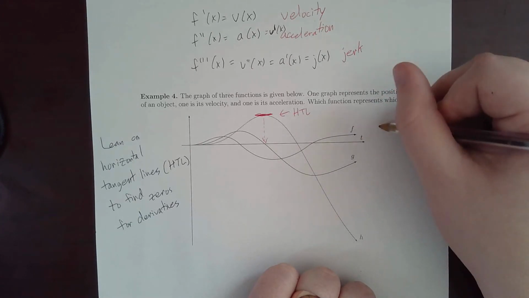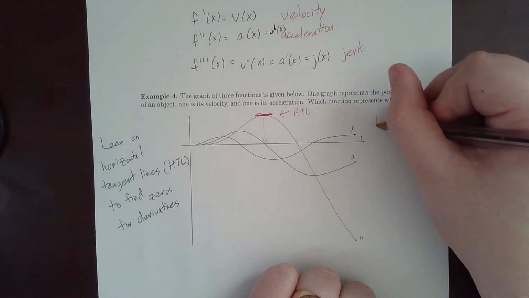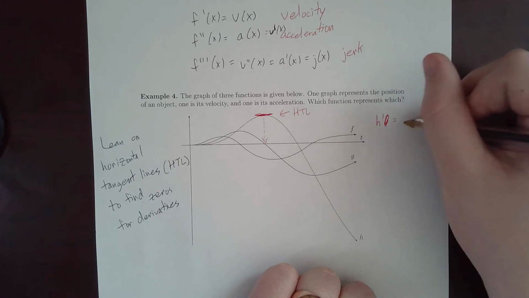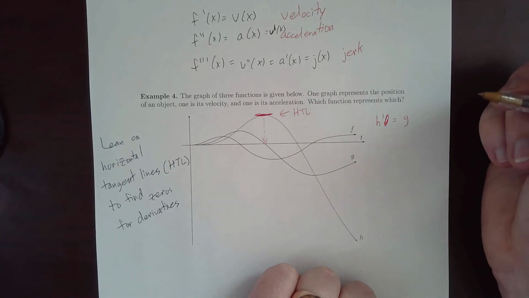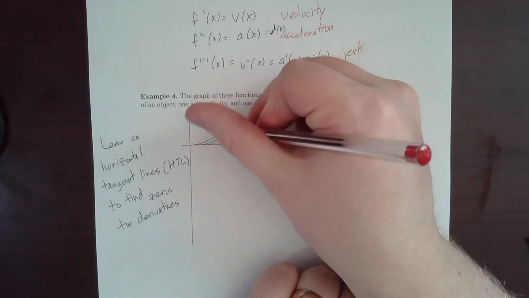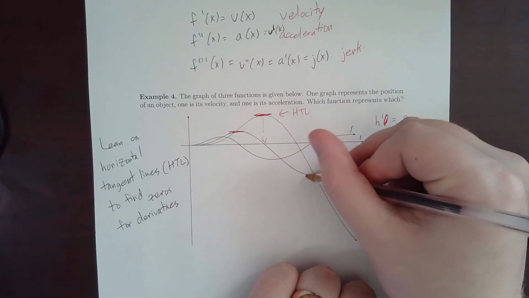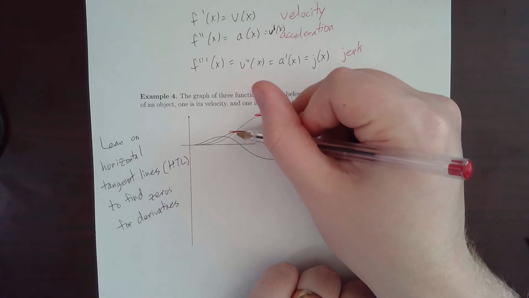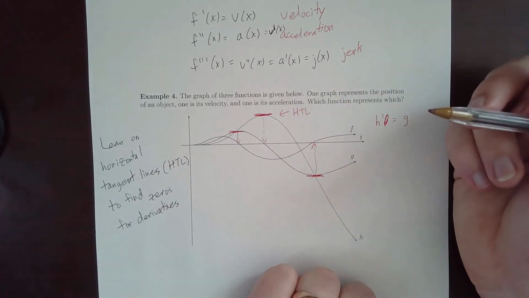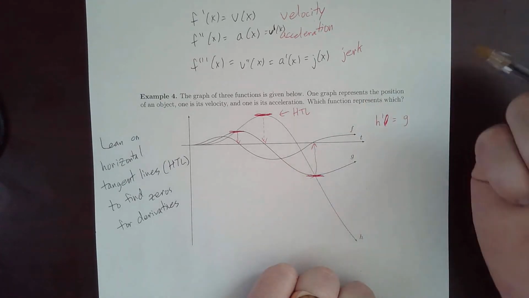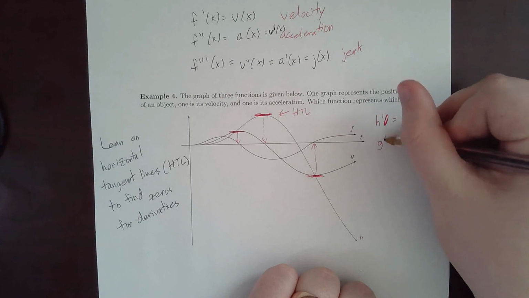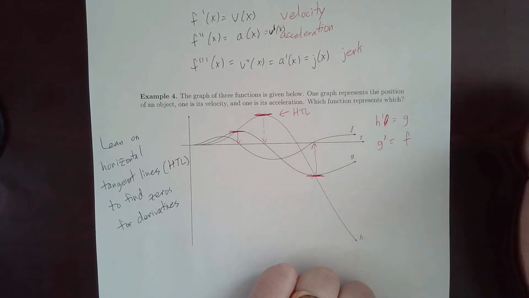So it looks like h prime is going to equal g. And if we look at g, it looks like it has a horizontal tangent line here and here. So if we look, in both of those x values, f is going to be 0. So it appears that g prime is f.